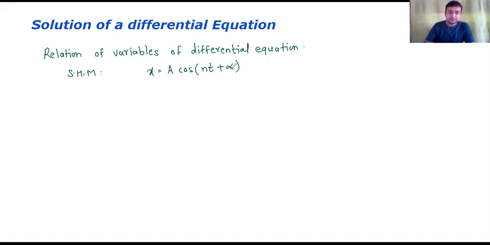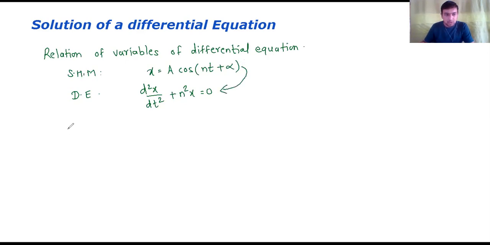The differential equation which we have formed was d square x upon dt square plus n square x is equal to 0. Now from this equation we have derived this.